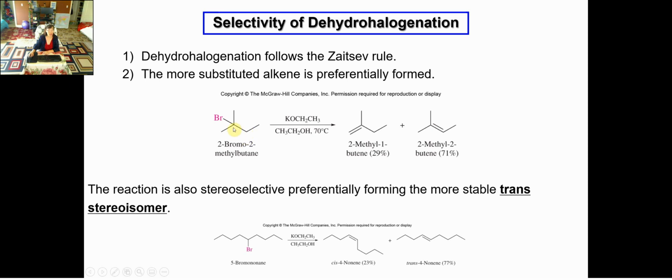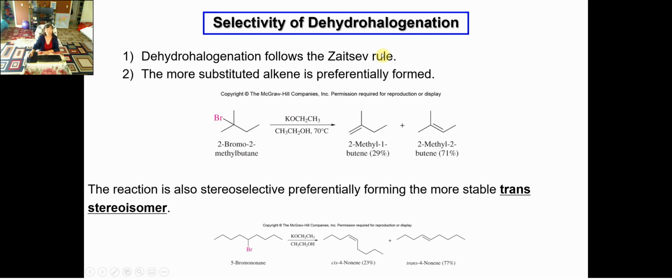If you remove the Br from carbon 2 and a hydrogen from carbon 3, you are going to produce 2-methyl-2-butene. You have 3 substituents, so this molecule is more stable. Again, the beta carbon with fewer hydrogens will be involved in the reaction. That's what Zaitsev's rule shows you.